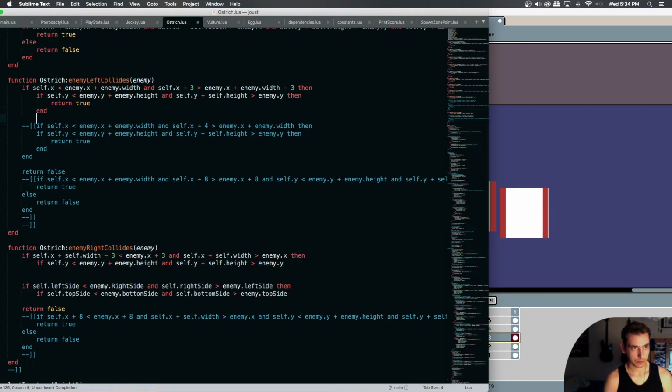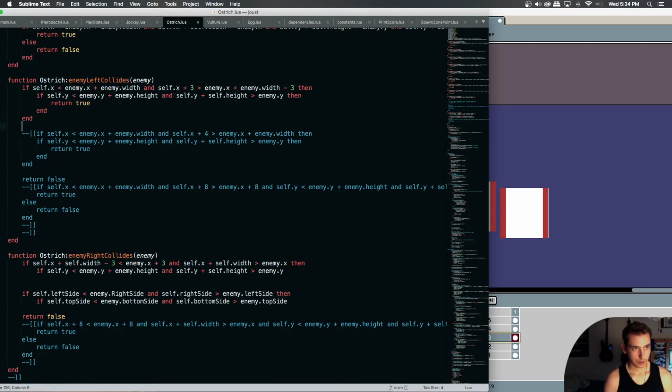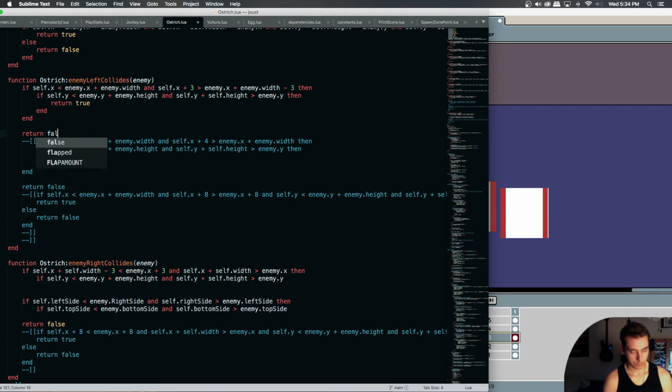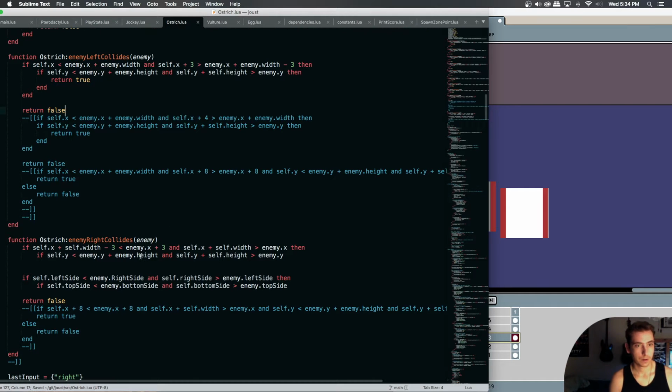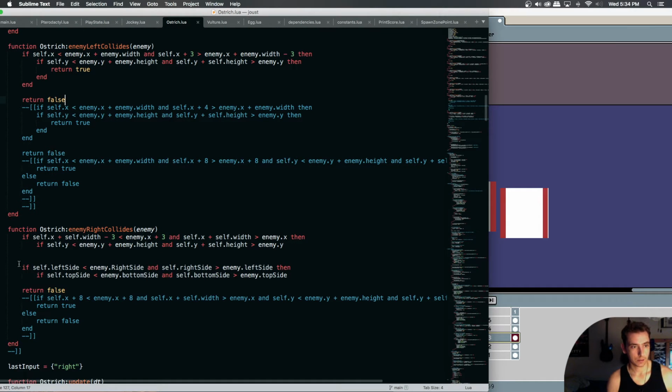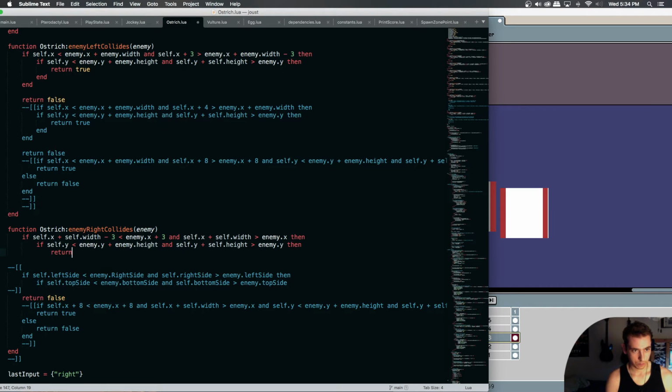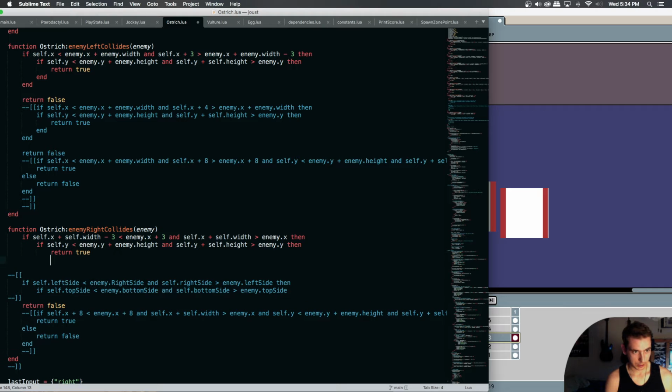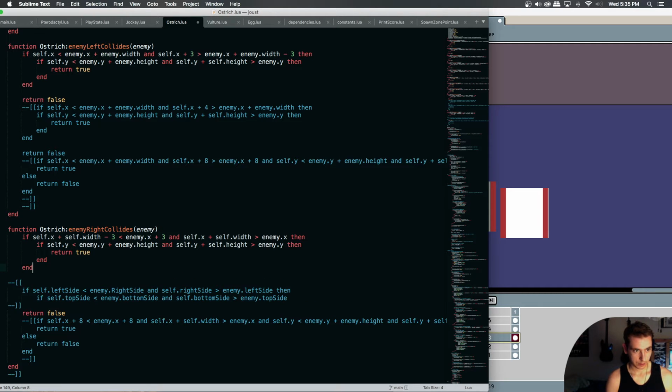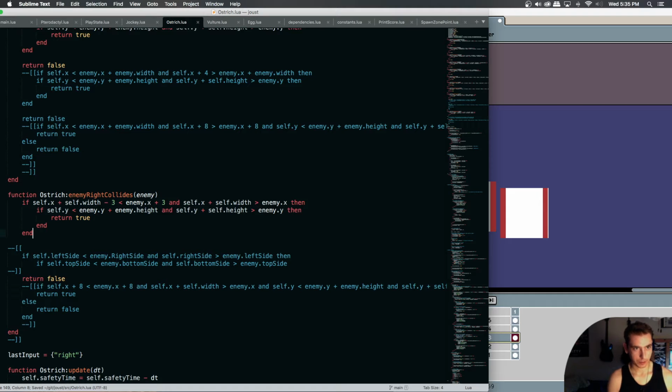And then give ourselves the proper ends. And then return false otherwise. That should be right now. And we need a then. And we need a return true. And we need 2 ends. And then we return false otherwise.